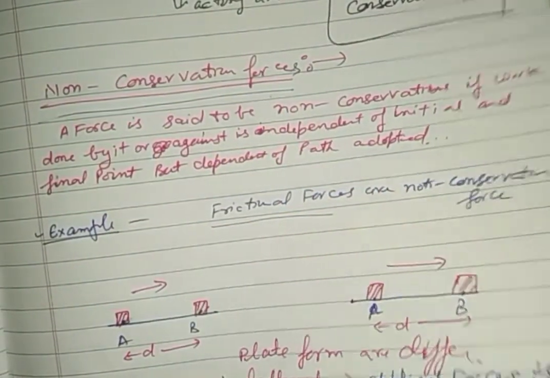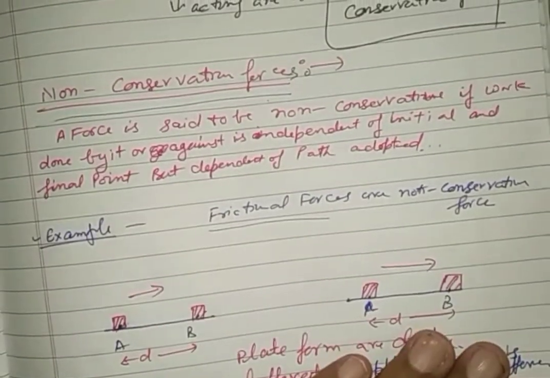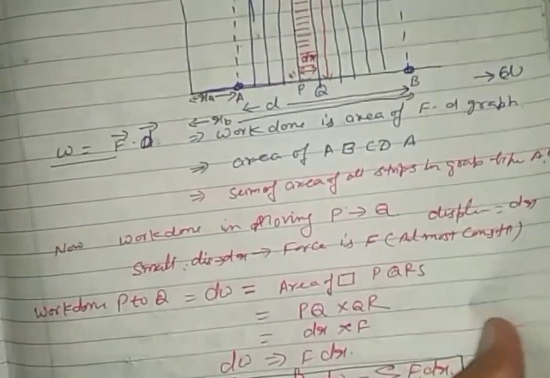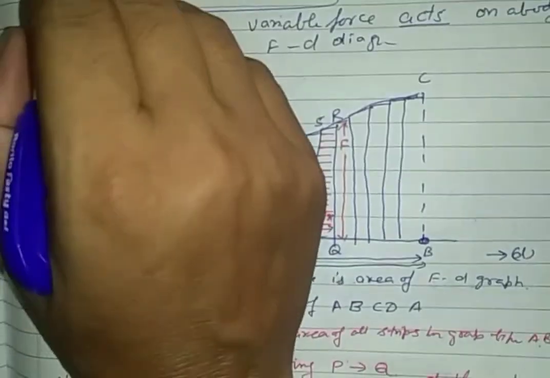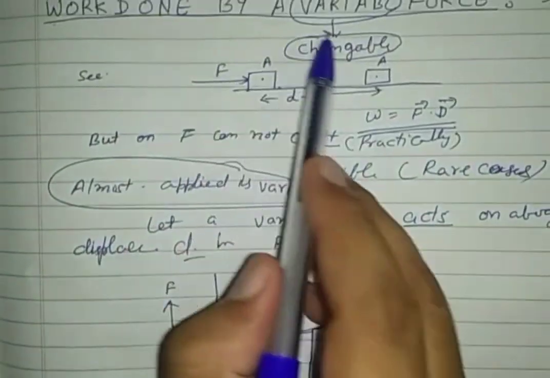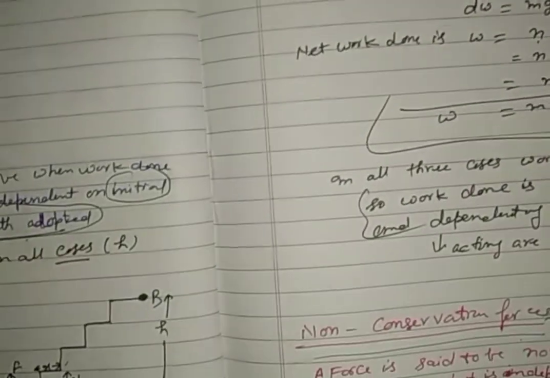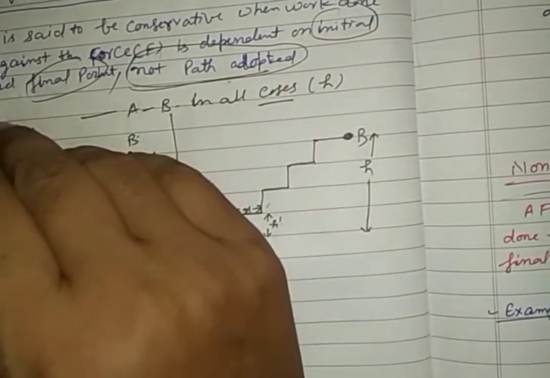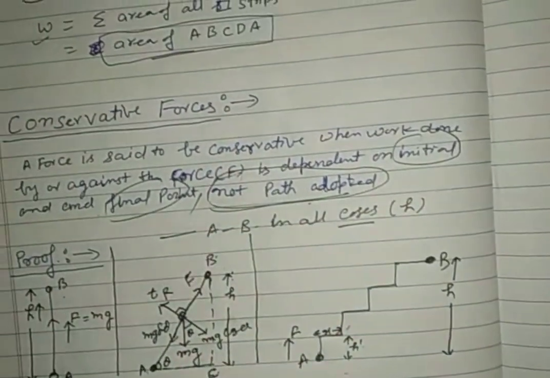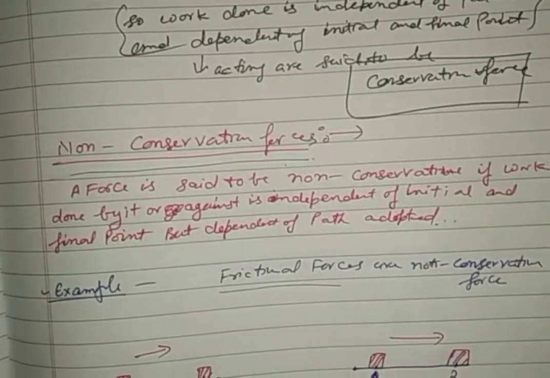See, in this topic we went through three topics. The first topic is work done by a variable force, and the use of this work done we used in conservative forces, and then non-conservative forces.